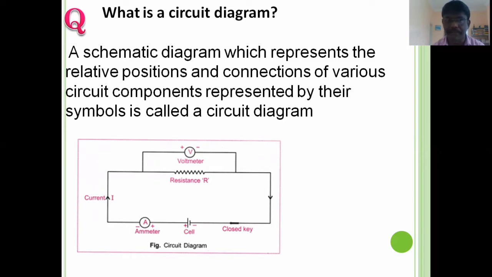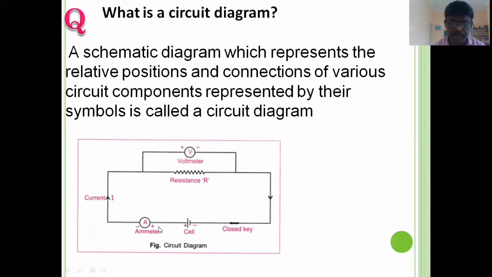Now we shall try to define what is a circuit diagram. A schematic diagram which represents the relative positions and connections of various circuit components represented by their symbols is called a circuit diagram.